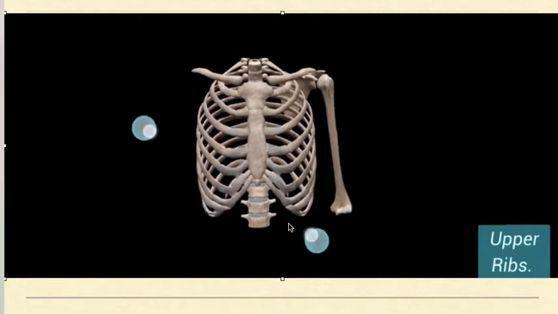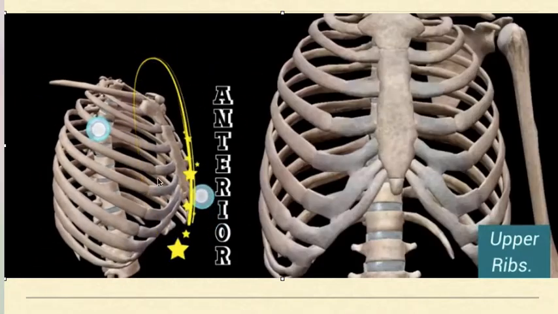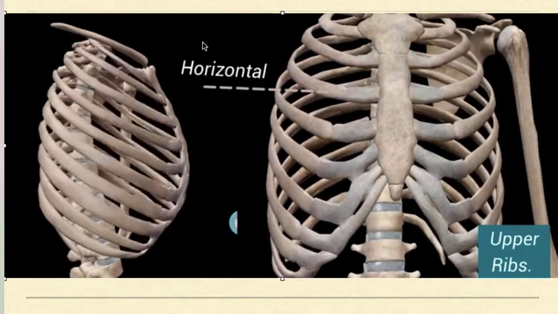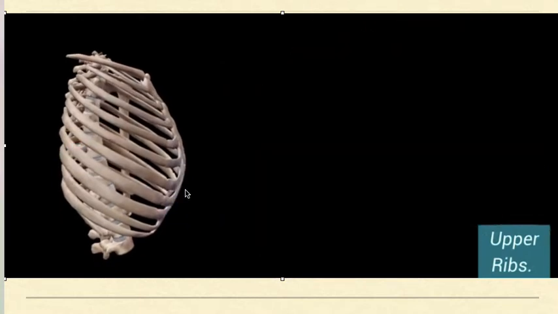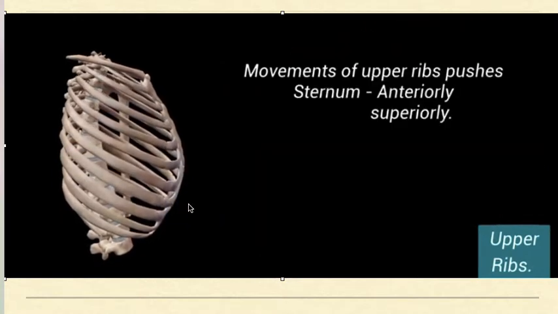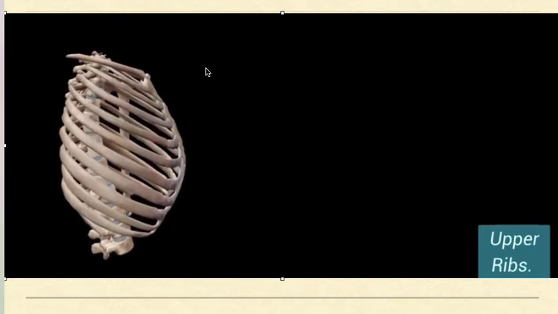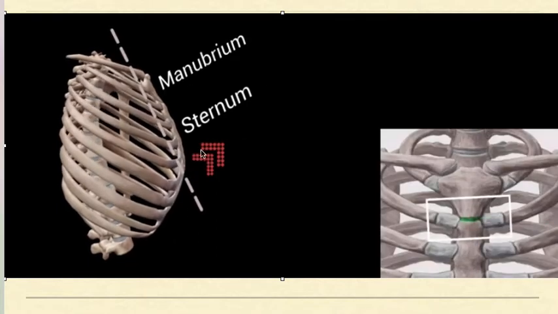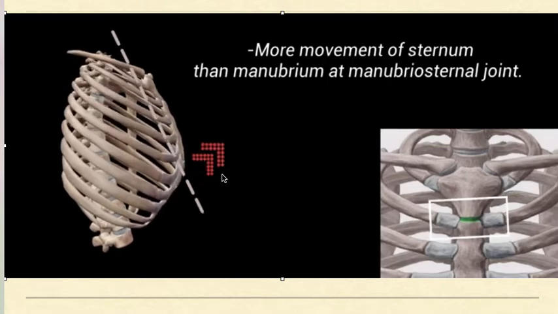Now, they are moving anteriorly, okay? The sternum is moving anteriorly and superiorly. Just have a look, okay? Right, so the sternum is pushed anteriorly and superiorly at the manubriosternal joint.